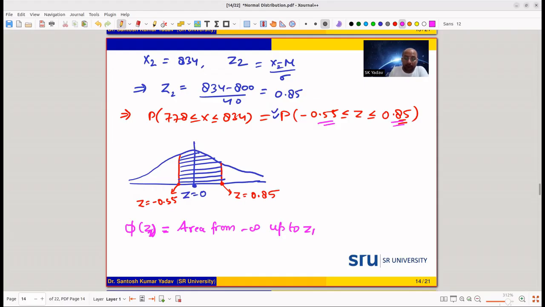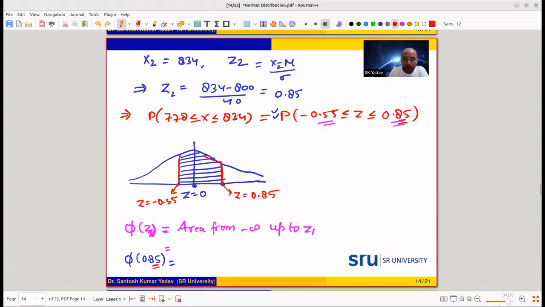And that means if I need to compute this shaded area, what I should do here, we have to find out this phi z value at 0.85. So this will be phi of 0.85.